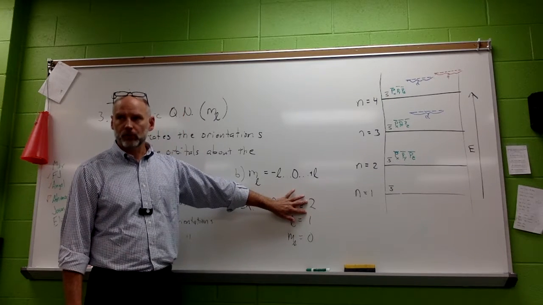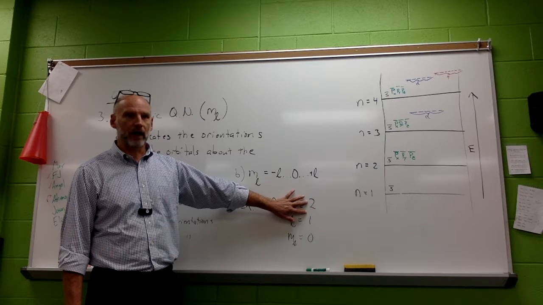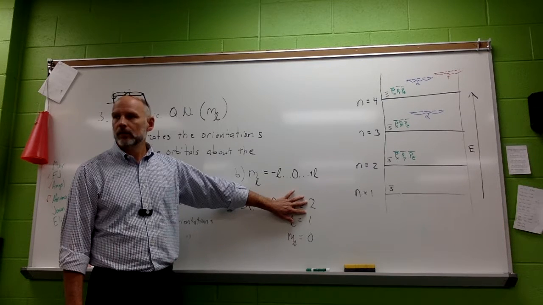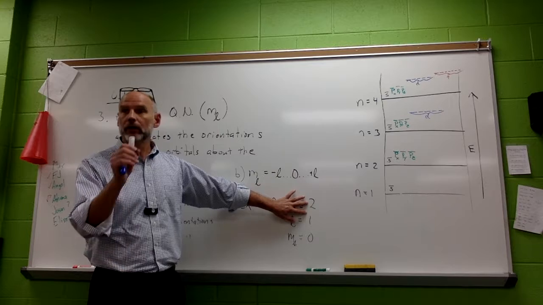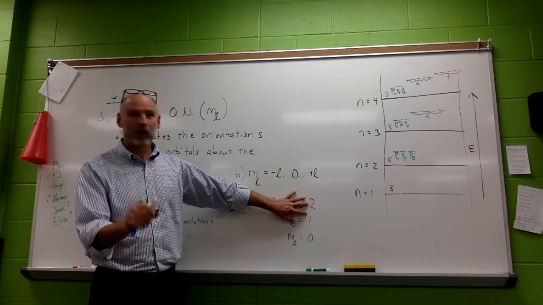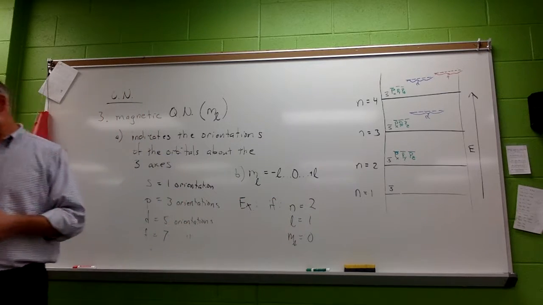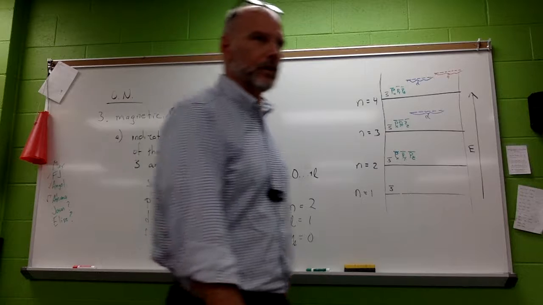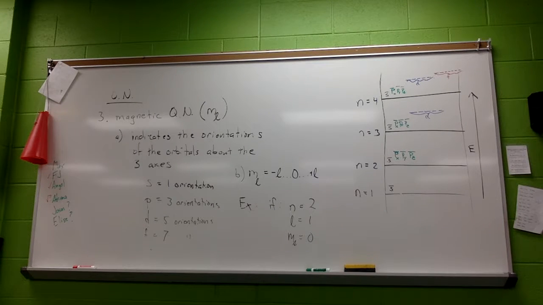Because at n equals 2, what are my possible values of L? It could either be 0 or 1. I erased it. Look on your sheet. Remember, for L, it ranges anywhere from 0 through n minus 1. If n is 2, what's 2 minus 1? 1. So 0 and 1 are my possible values for L. Now look how that makes sense.